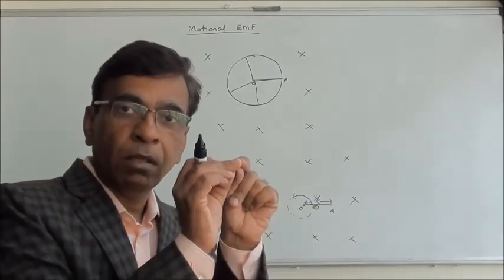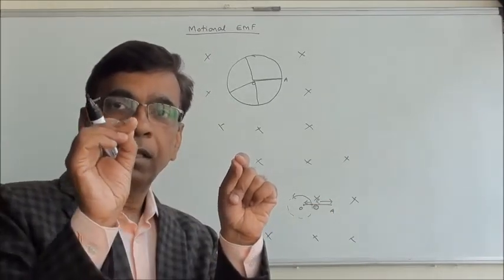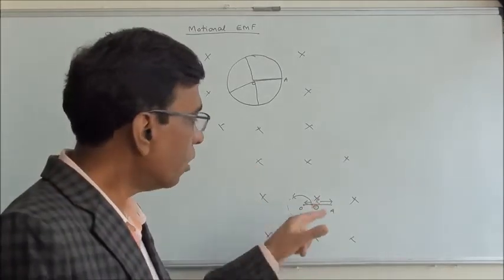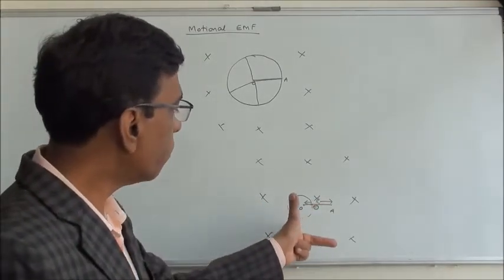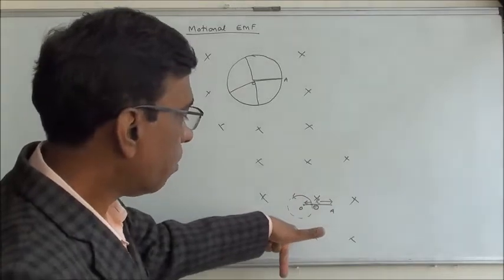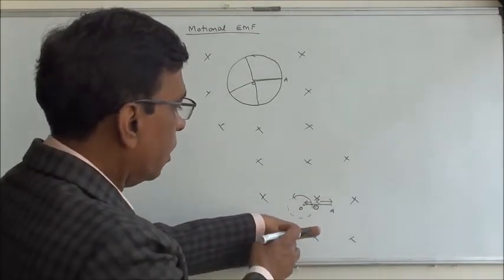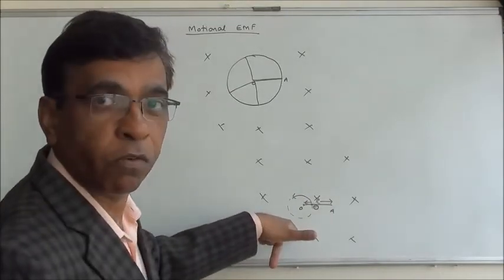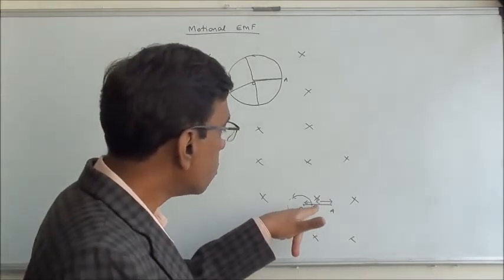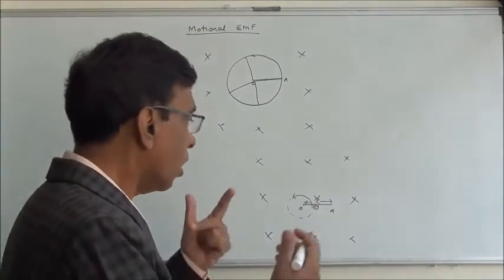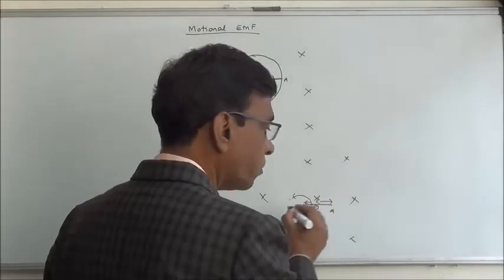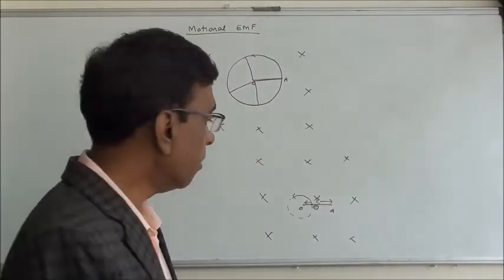So axle will be positive and the point at the other end will be negative. See the direction of force. Force up, this is the direction of force on electron. So this end will become negative. And how will we calculate how much is the EMF?